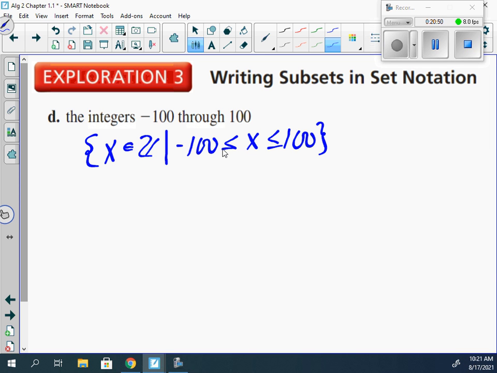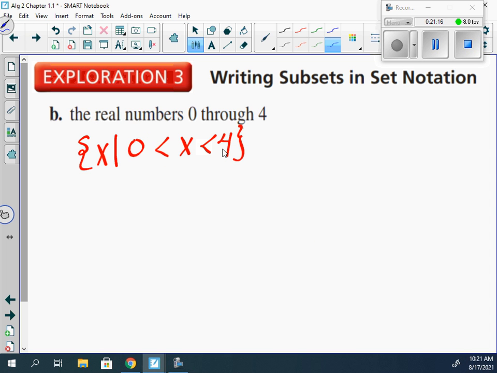I'm not going to be as big of a nitpick on that because I don't like their use of the word through, because I think it is going from one to the other. But it is what it is. Questions on this here? So technically, this here should be that as well, because 0 is less than or equal to x is less than or equal to 4.